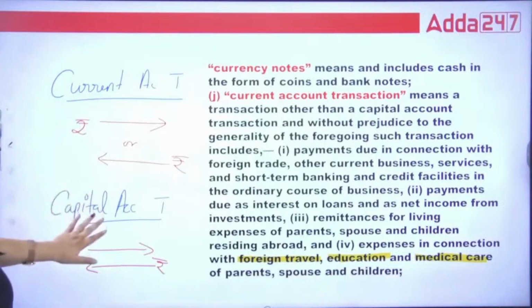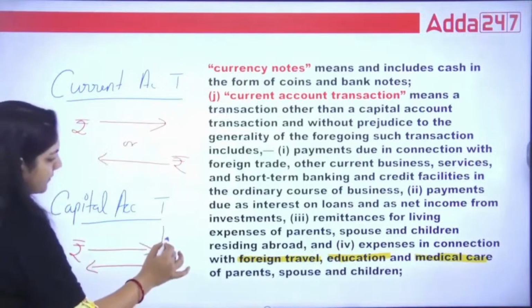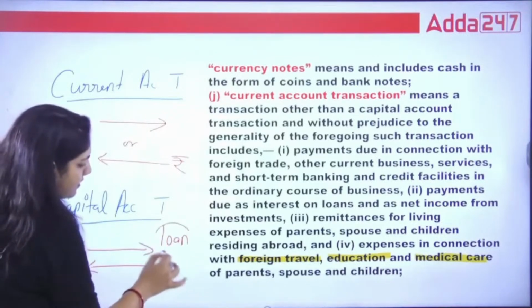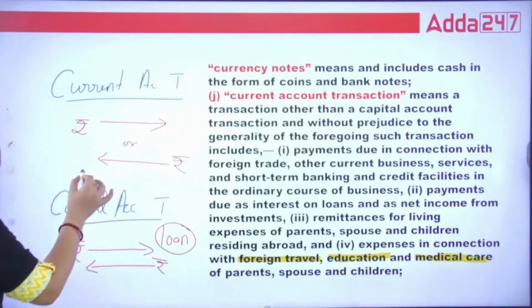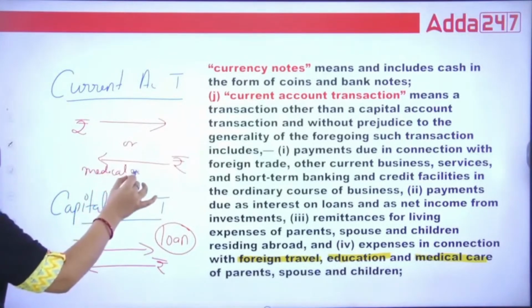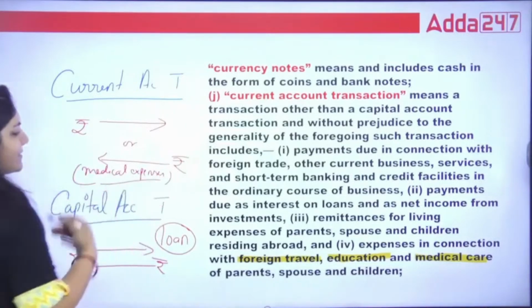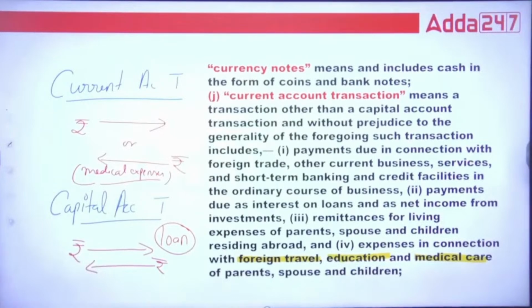And what is capital? The best example of this is a loan. The loan will come back. In this one, medical expenses, traveling, etc. So I think the concept is clear to all of you.